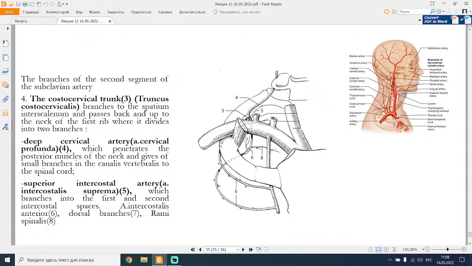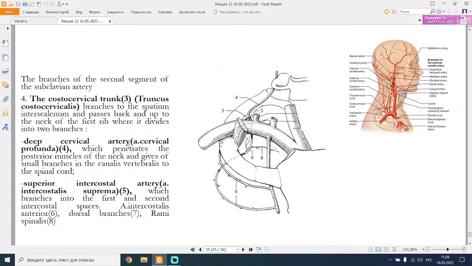The truncus costocervicalis branches in the spatium interscalenum and passes back and up to the neck of the first rib, where it divides into two branches: the deep cervical artery, arteria cervicalis profunda, which penetrates the posterior muscles of the neck and gives off small branches in the canalis vertebralis to the spinal cord, and the superior intercostal artery, arteria intercostalis suprema, which branches into the first and second intercostal spaces, arteria intercostalis anterior branches, and rami spinales.